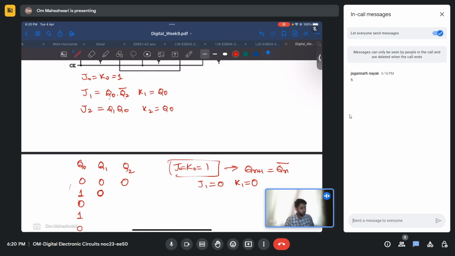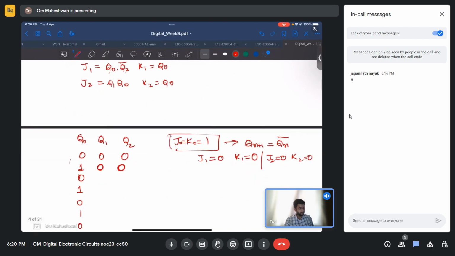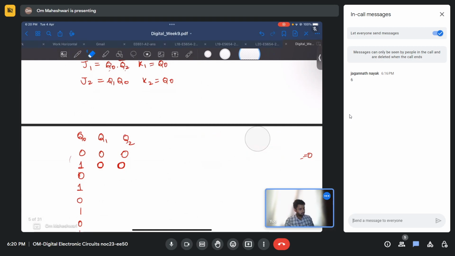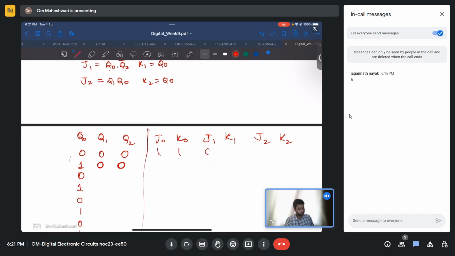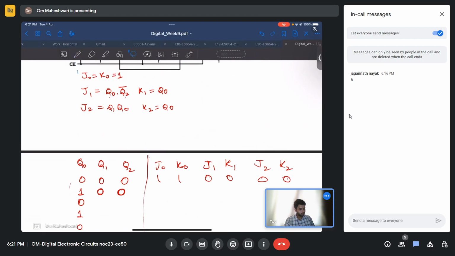For Q2, J2 is Q1 Q0, which is 0, and K2 is also 0, so it will stay 0. Let me write it properly. J0, K0, J1, K1, J2, K2 was 1, 1, 0, 0, 0, 0. Let us keep this handy.